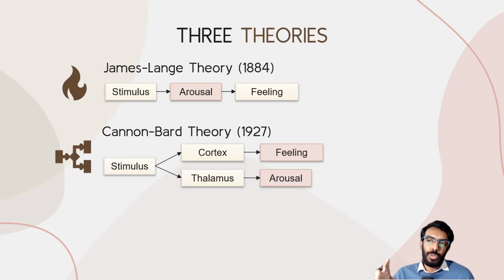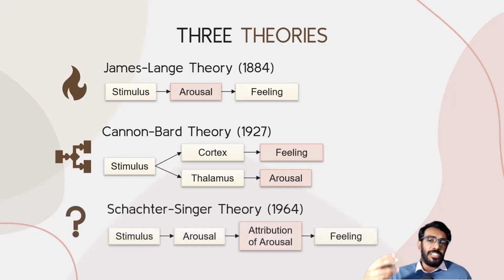So they said that even though you cut off the thalamus so that the physiological arousal is not felt, the feeling of anger or whatever in response to a known stimulus still occurs. So they said that this happens at the same time. The cortex perceives whatever changes there are outside as a feeling, and the thalamus is what is responsible for your physiological arousal.